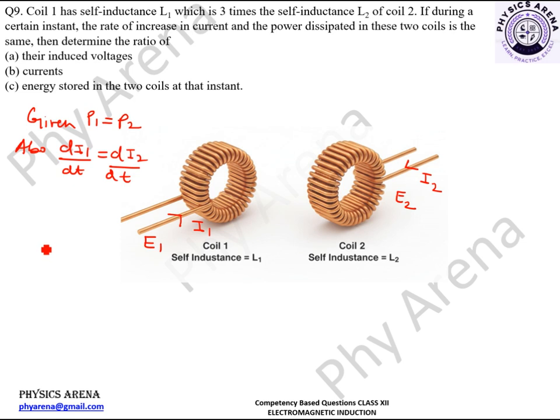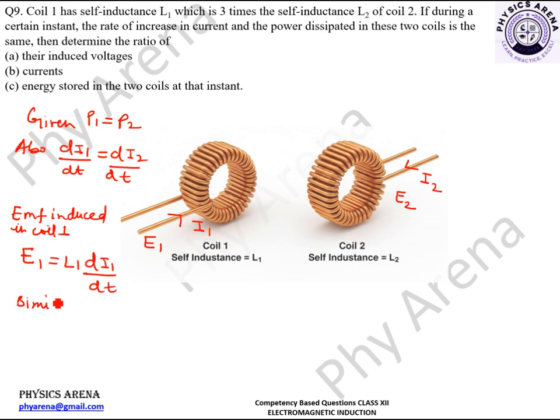We know the EMF induced in a coil is self-inductance times the rate of change of current in the coil. So E1, the EMF induced in coil 1, is equal to the self-inductance L1 times the rate of change of current in the coil, dI1 by dt.